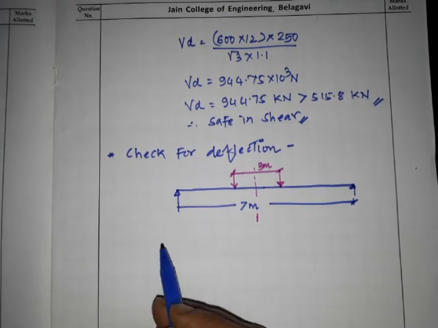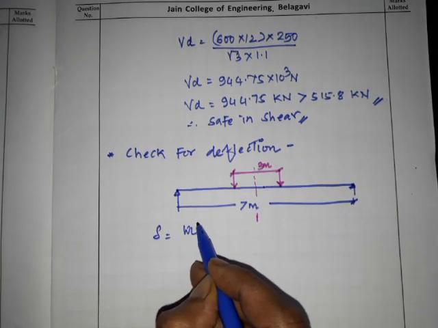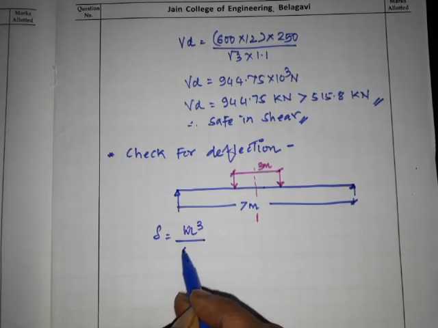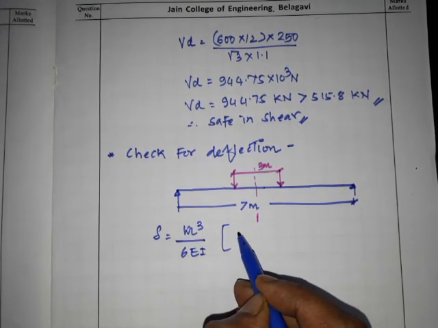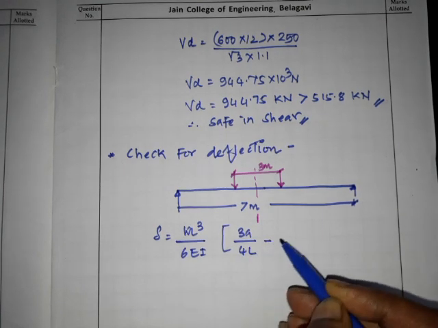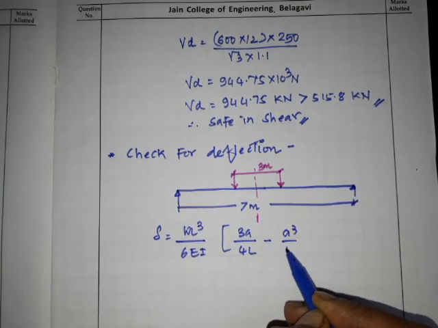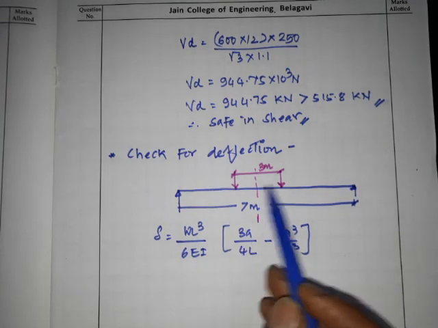Okay, so the maximum deflection delta can be calculated by W L cube upon 6 E I into bracket of 3a divided by 4L minus a cube by L cube. Correct? So this is the standard formula for two-point loads.